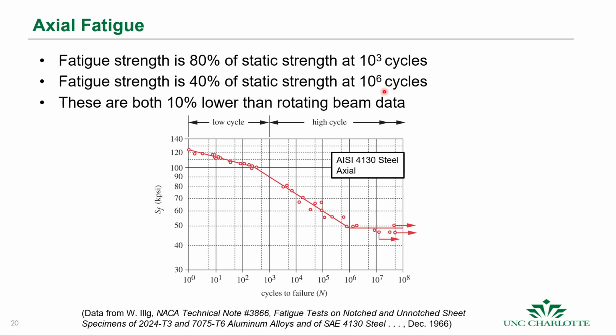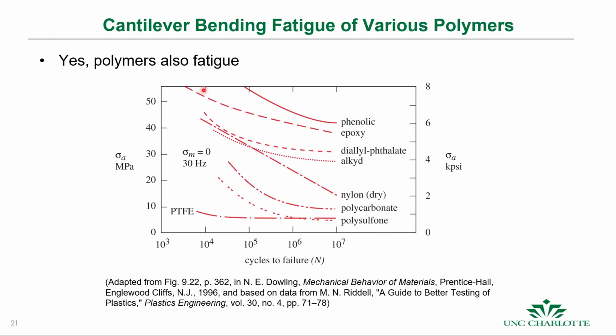And they're both 10% lower than the rotating beam data because we had about 90% and about 50%. Polymers also fatigue. This is a graph of various polymers such as Teflon, nylon, epoxies, etc. You can see they follow similar trends where you get into higher cycle fatigue and these materials fatigue.